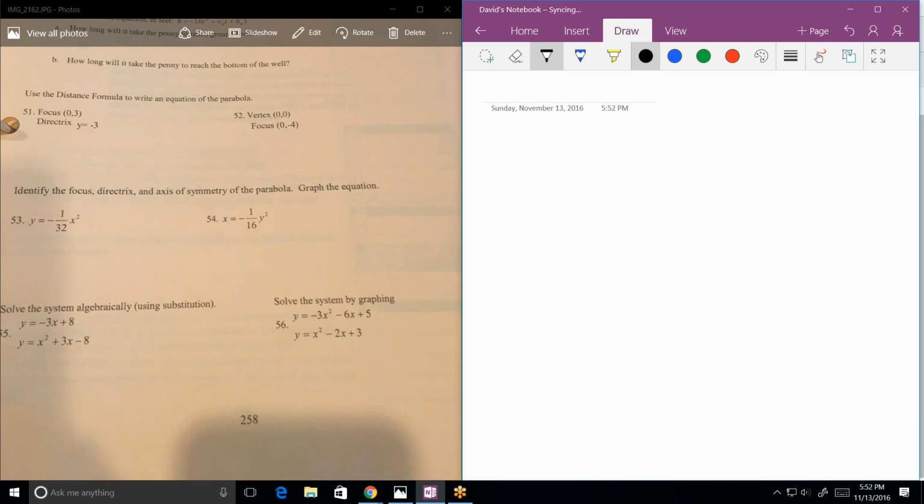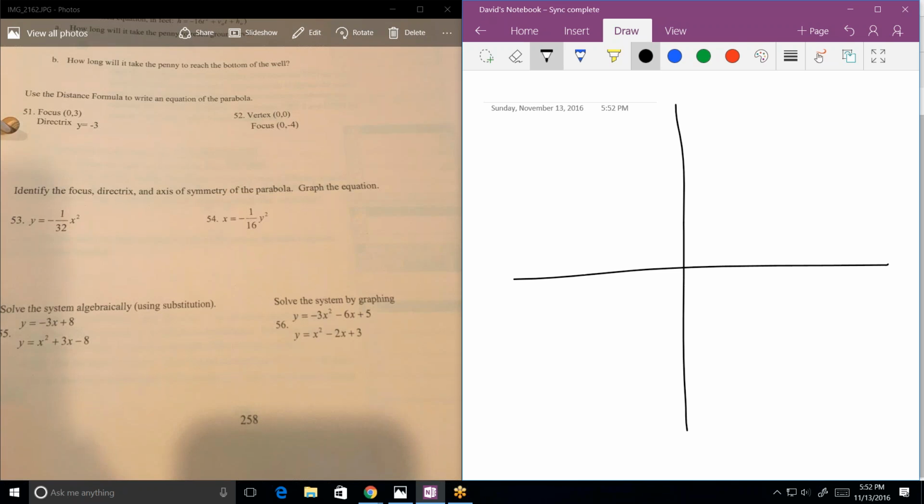If it's a TI-84, you're going to set y1 equal to the top equation, and y2 equal to the second equation, and wherever they intersect, that's the solution set. Whether you have an Inspire or a TI-84 doesn't matter. You do it the same way.